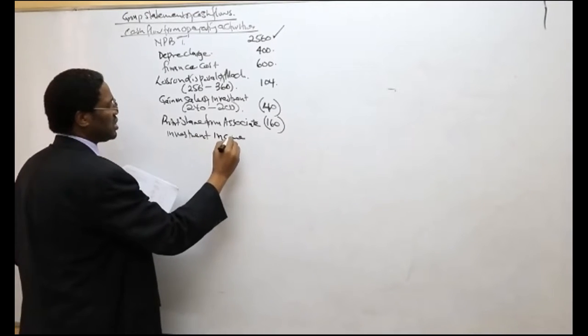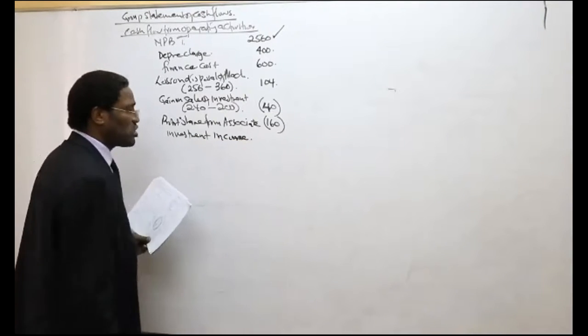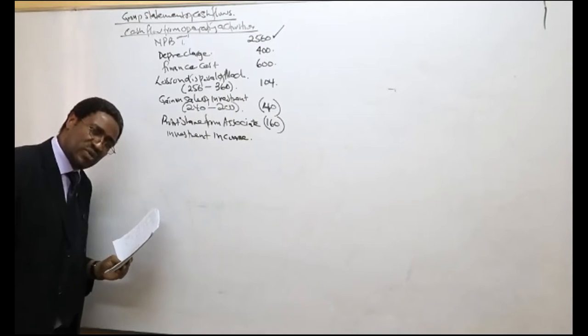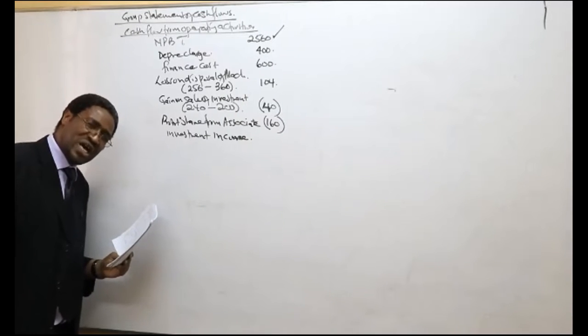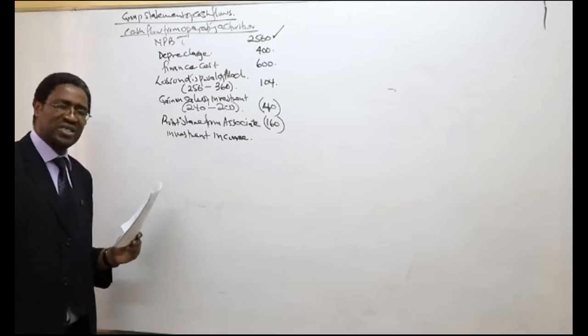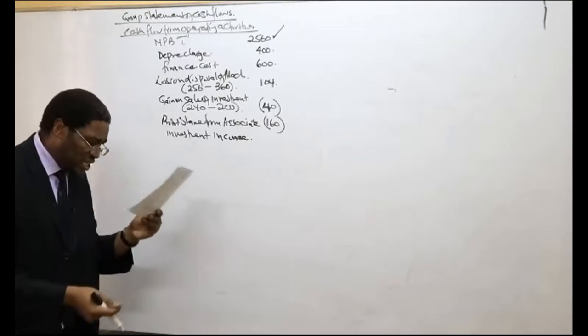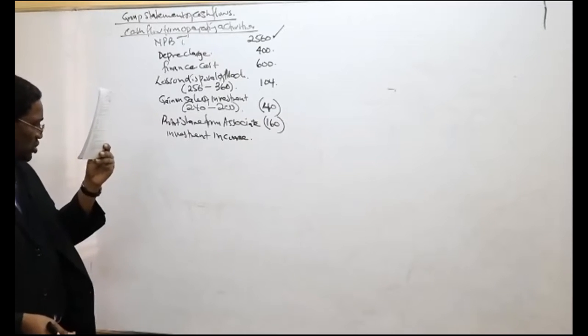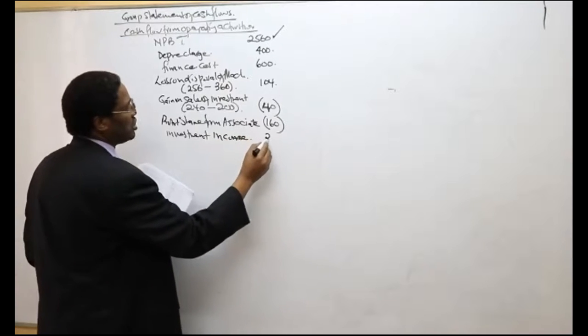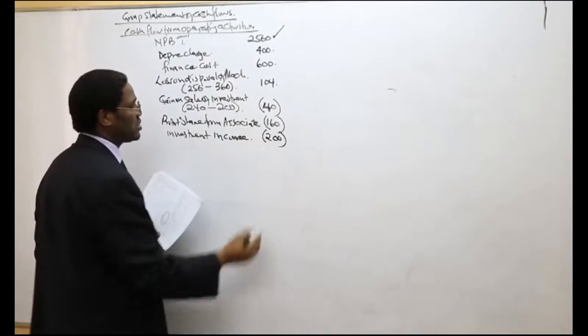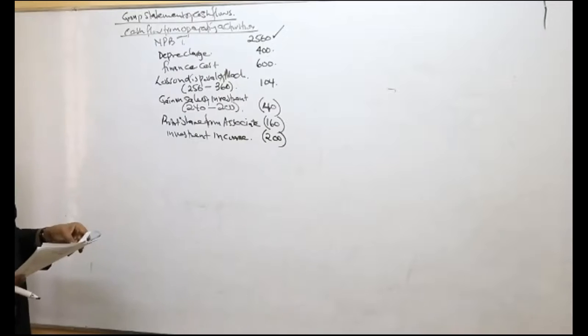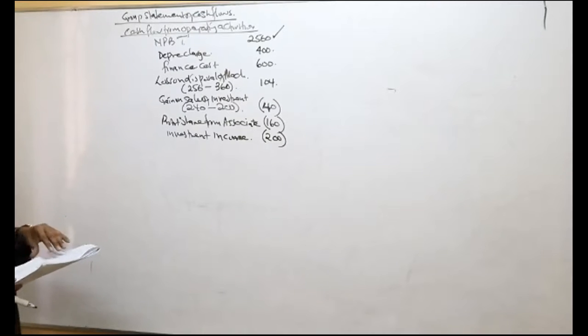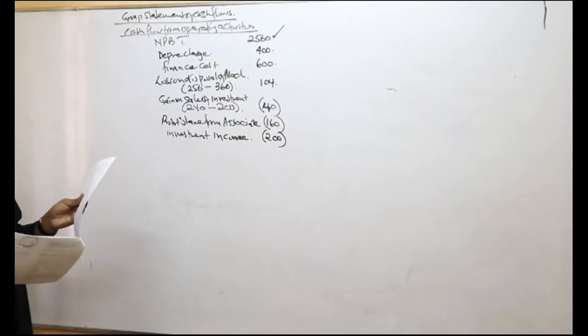So any investment income, we remove it. We are not removing it because it's a non-cash item. We are removing it because it is not an operating item, but an investing one. So we are transferring it to where it belongs. And according to the question, the investment income was 200 million. We remove it.